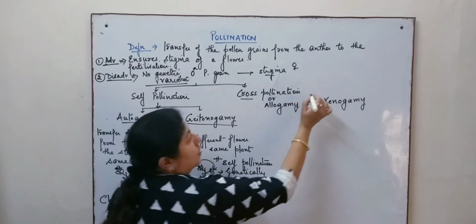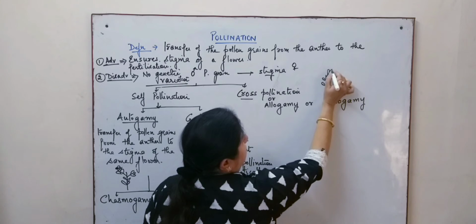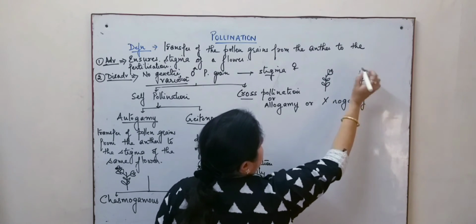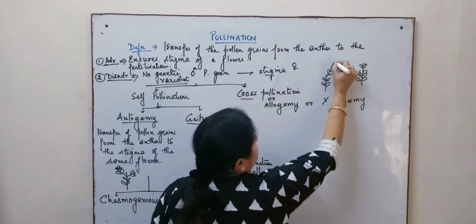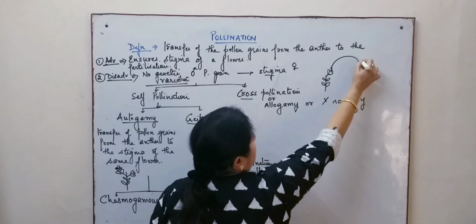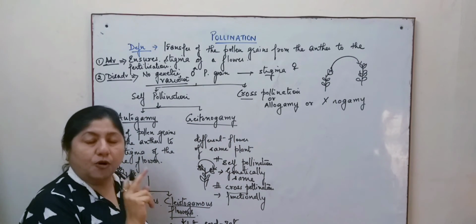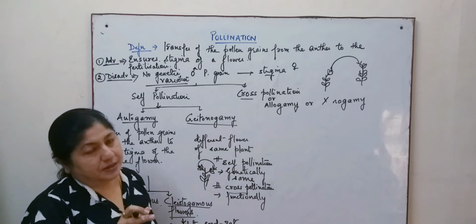So here, this is one flower and this is another plant, and the pollen grains should be transferred from one to the other. So there should be a complete transfer of the pollen grain from one plant to a different plant, right?